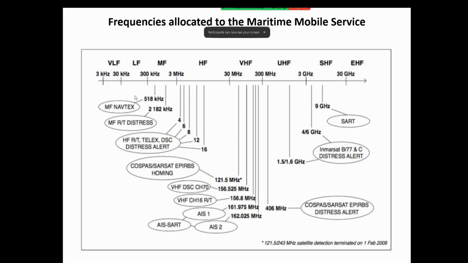So this is a nice little diagram that explains the frequencies. You can see they jump from 3 to 30, 30 to 300. So keep adding a 0 in effect. It gets a little difficult when they're changing the kilos to the megas and then into the gigas in the high end, which we've mostly been looking at. 2182, which is a medium frequency distress signal, is in the higher part of the medium frequency band.